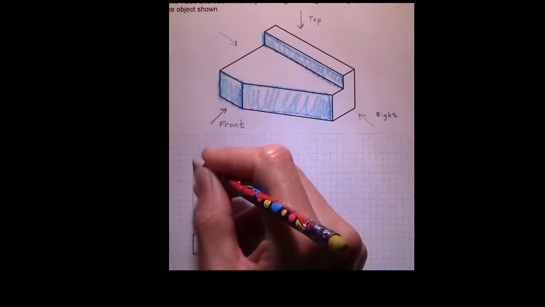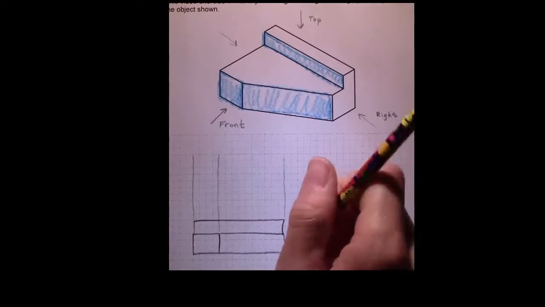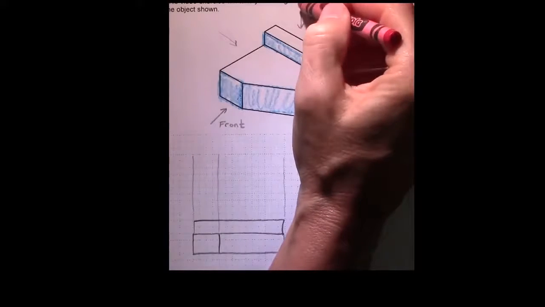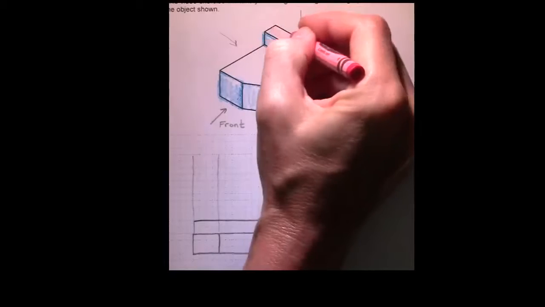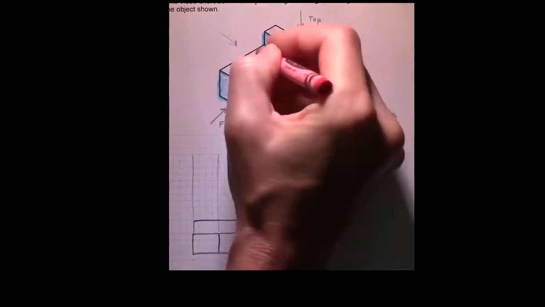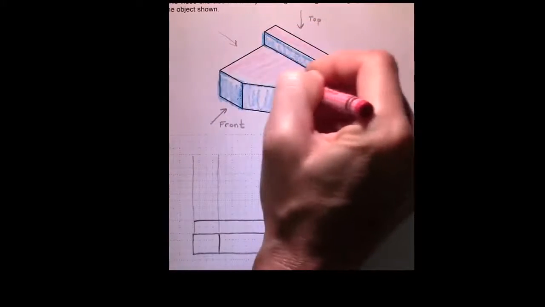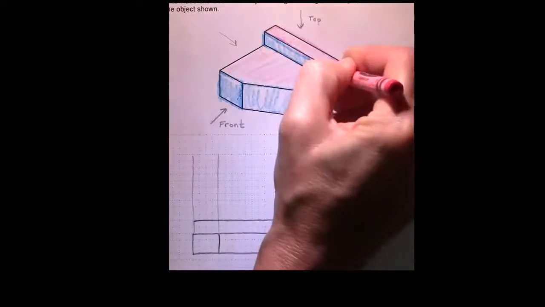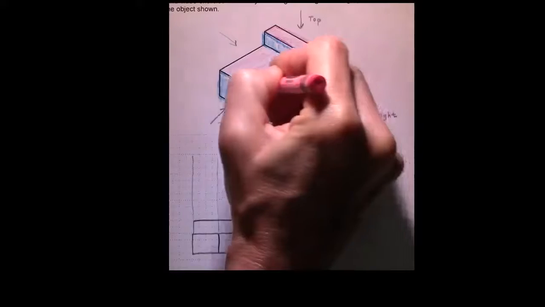Alright, next we'll create the top view, and the top view is vertically aligned with the front view. So I'm going to draw projectors up from every corner and edge of the front view. And if we're doing the top view, we're going to be viewing down this way. We'll see this surface here and this surface here. So the top view will have these shapes.